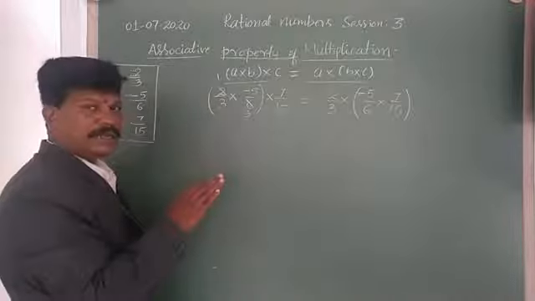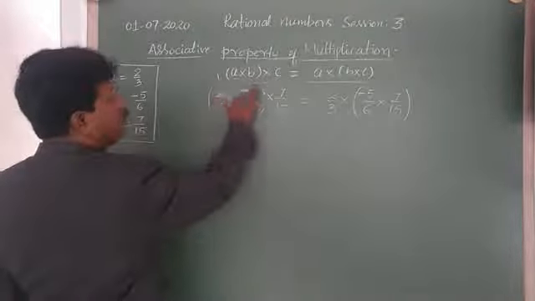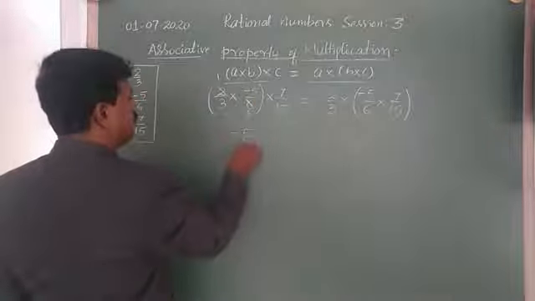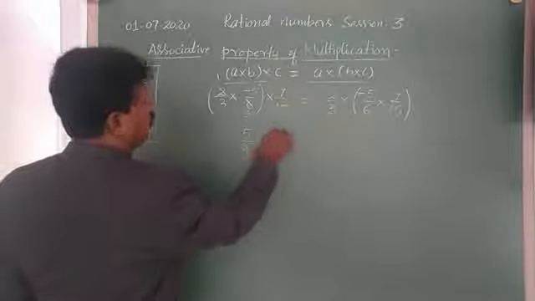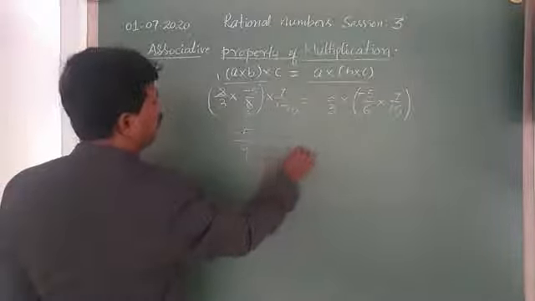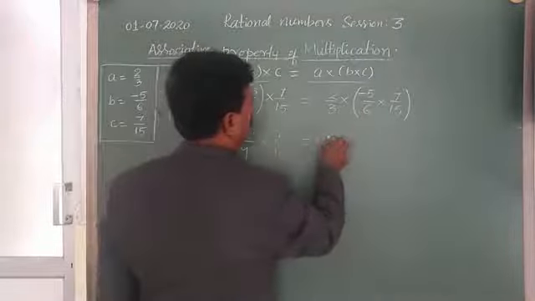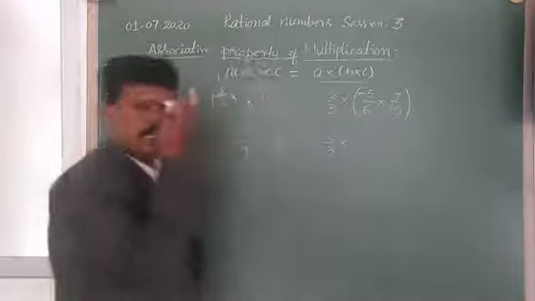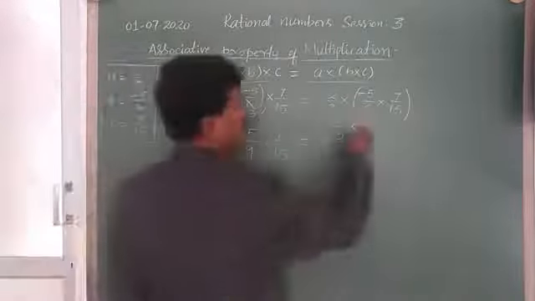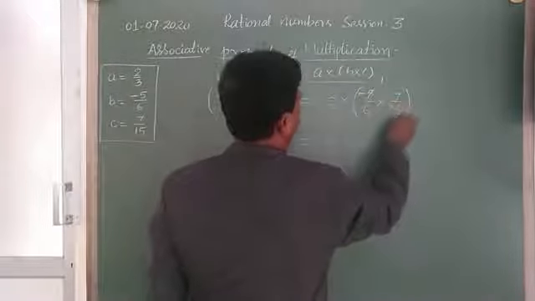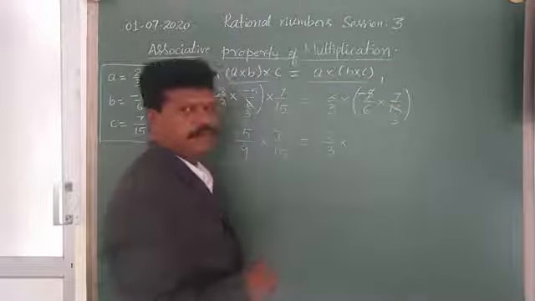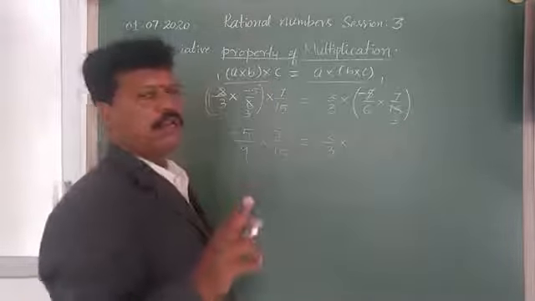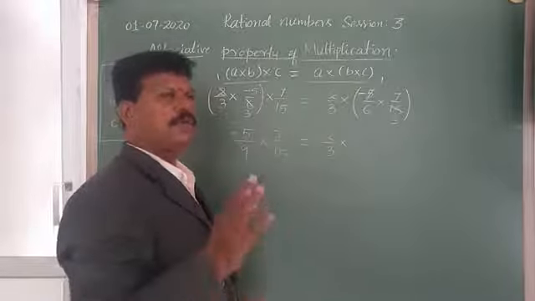So after that simplification, now multiply the numerators: minus 5 ones are 5, by 3 threes are 9, into 7 by 15 equals 2 by 3 into... now look at this, is there any cancellation? Yes. Here 5 ones are 5, 5 threes are 15. Now don't cancel these two. No numerator by numerator or denominator by denominator. Only numerator by denominator.